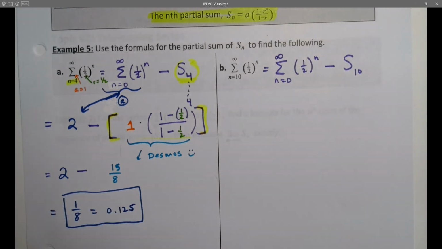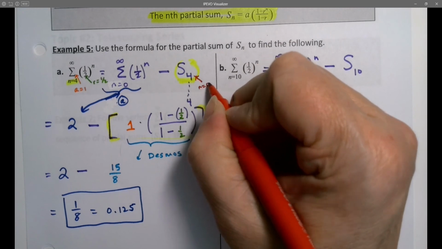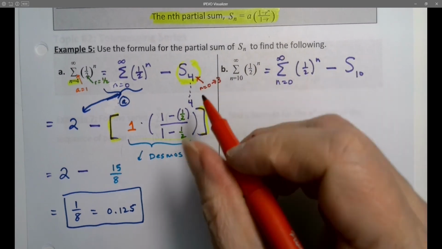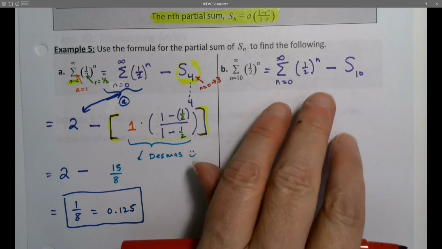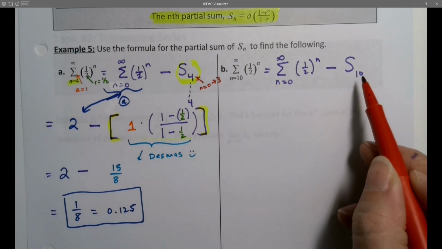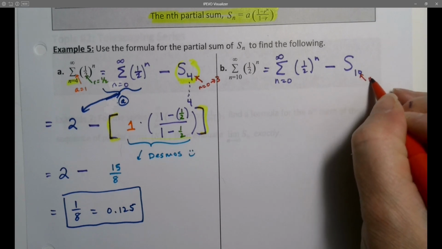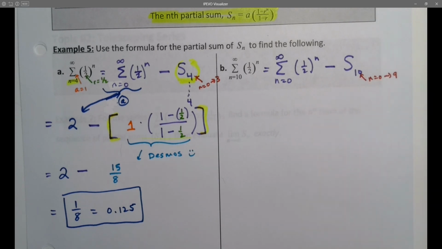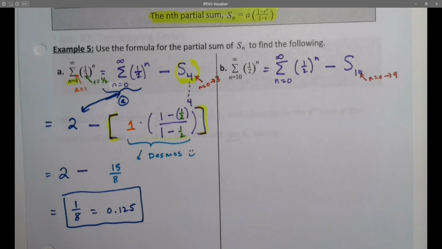So if you think about this one, the 4 was from n equals 0 through 3, right? 0, 1, 2, 3. That's 4 terms. This is 0, 1, 2, 3, 4, 5, 6, 7, 8, 9. So this is going to be from n equals 0 through 9 that you're taking away, and that's going to leave 10 through infinity left over.